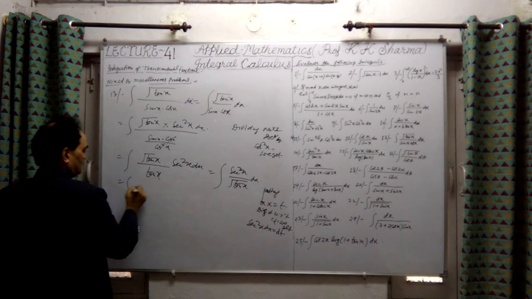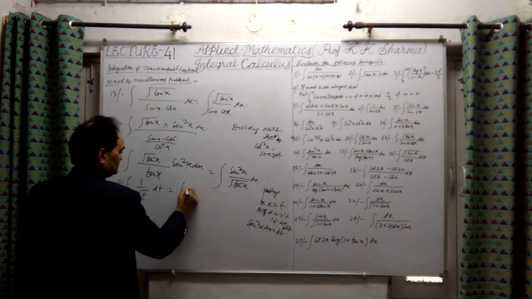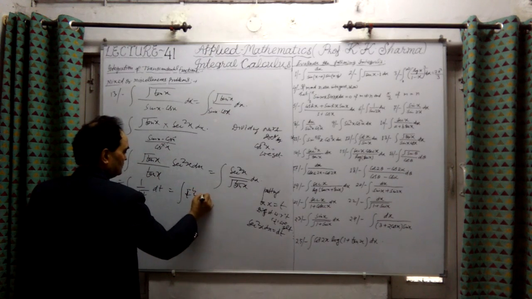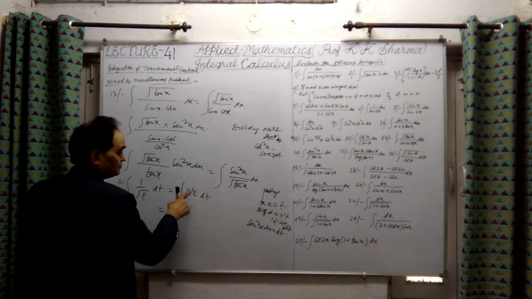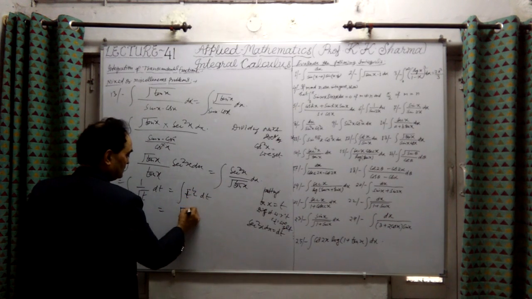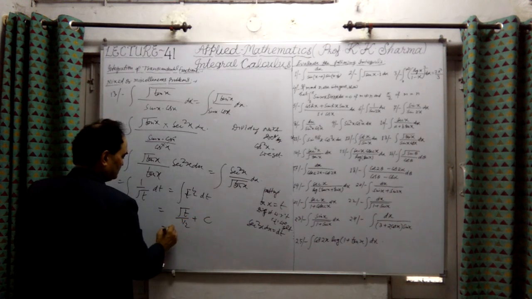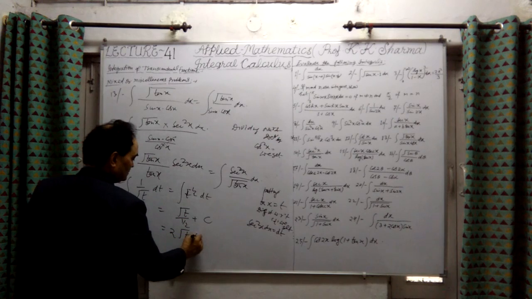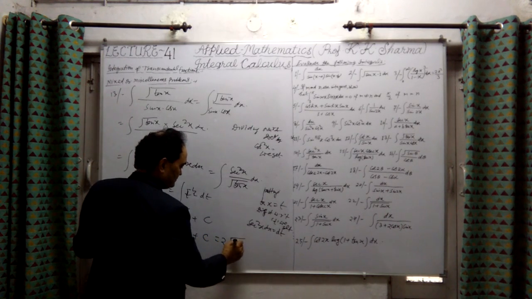This is 1 upon under root t only into dt. It is t raised to power minus half into dt. What is this? If I integrate this, it will be t raised to power minus half plus 1, that means under root t upon 1 by 2 plus constant of integration, twice under root t plus constant of integration, that is 2 under root tan x.